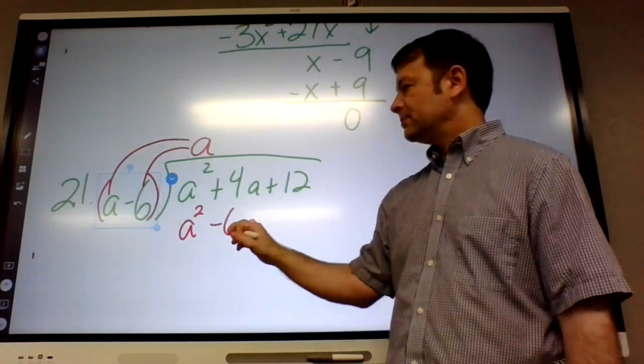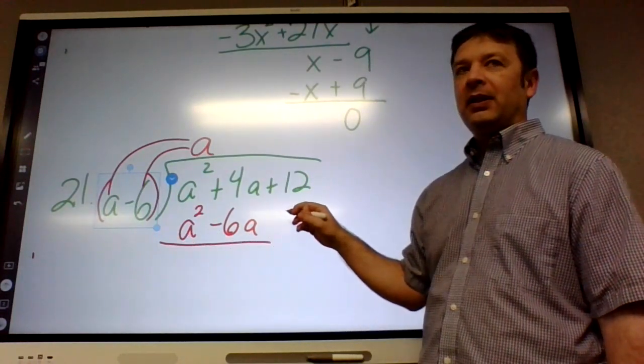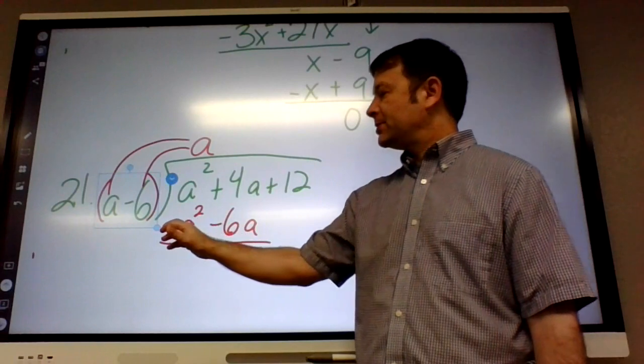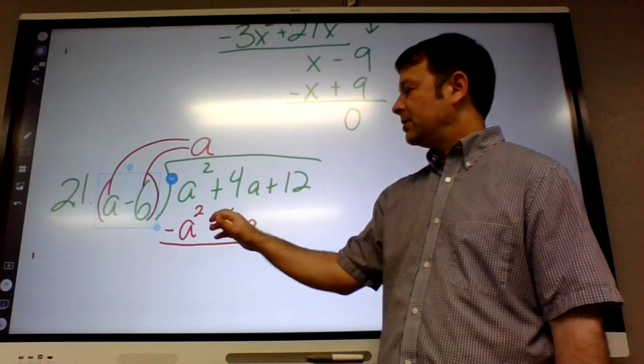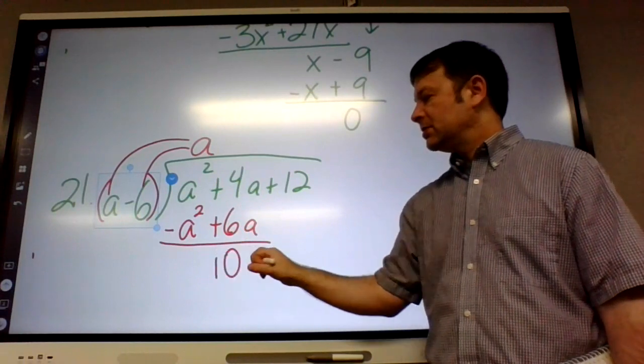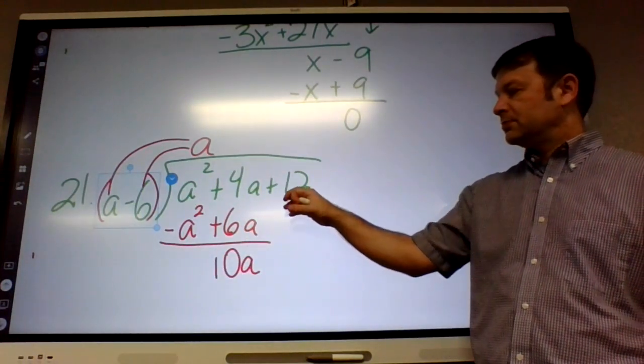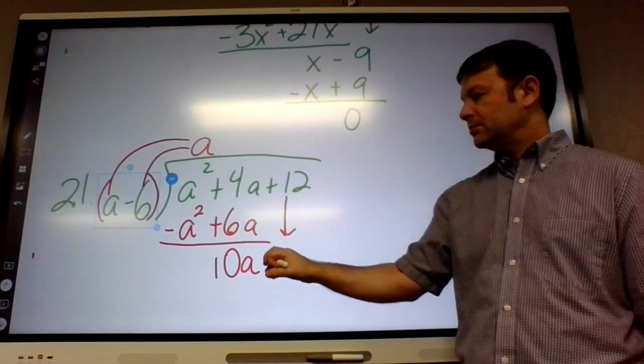Minus 6a. Then subtract. So that would cancel out, and that would be 10a. And then you bring 12 down, plus 12.